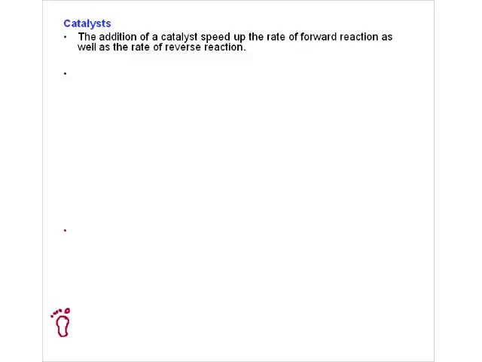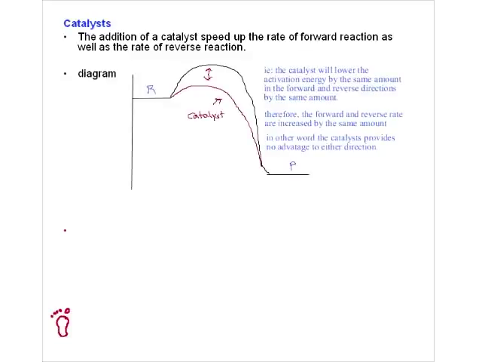Let's look at the diagram of what's going on here. Here's a typical reaction. The forward direction takes an energy kick to get it going. If I want to reverse this reaction, I have to kick it back. I add the catalyst here, and it lowers the energy in the forward direction, makes the forward reaction faster. Well, if we look at this from the reverse reaction, we just added the catalyst.